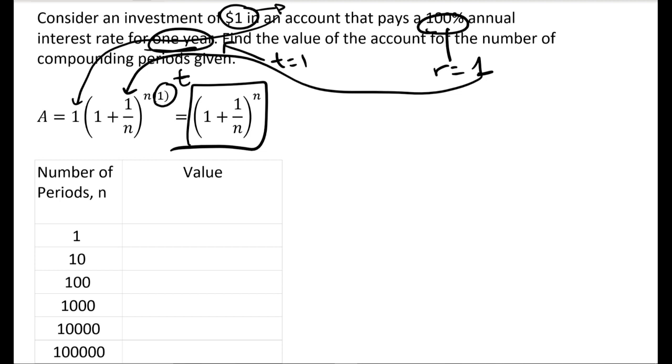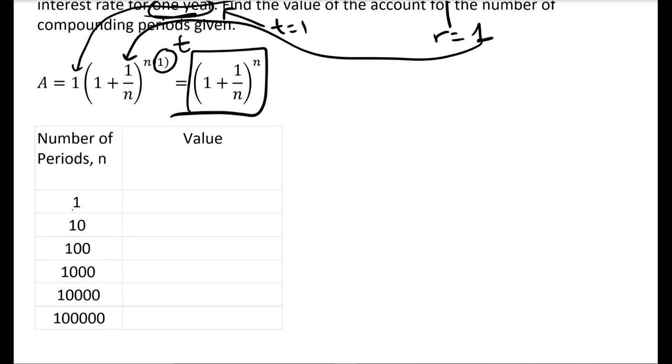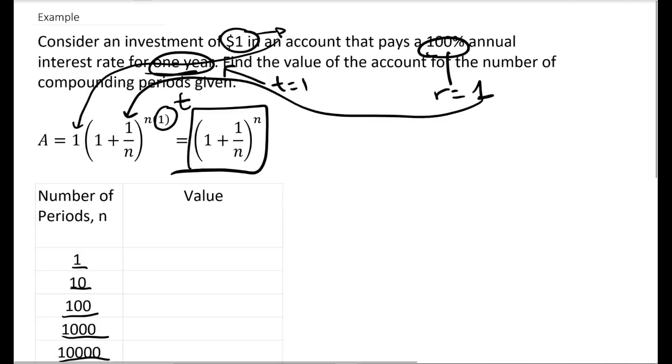So that's our formula. Now we're going to use this table and do it for 1 compounding period, which means annually, 10 compounding periods, meaning 10 times per year, 100 times per year, 1,000 times per year, 10,000, 100,000 times per year. How much does the value increase if you're applying interest this often? Let's look at the first one.